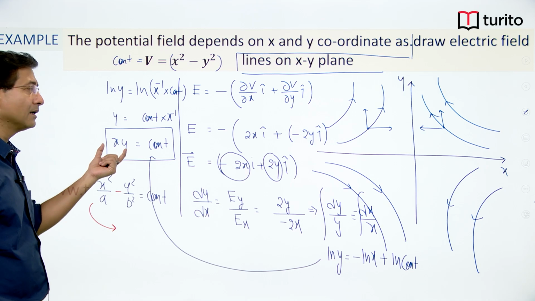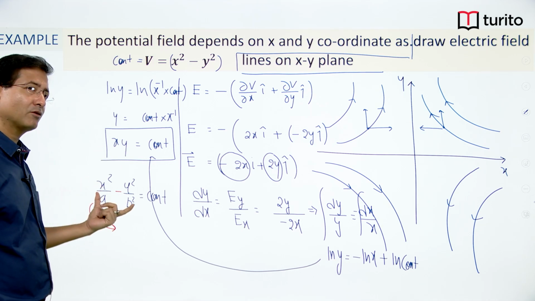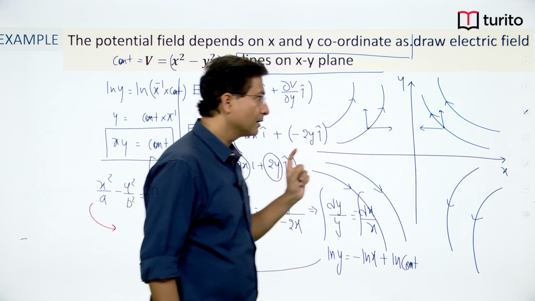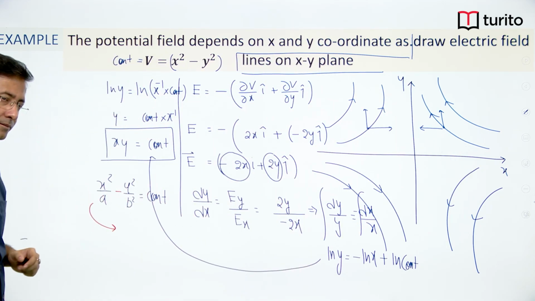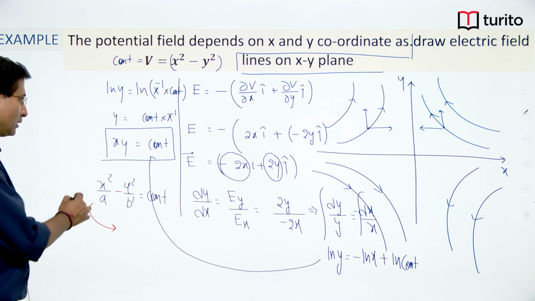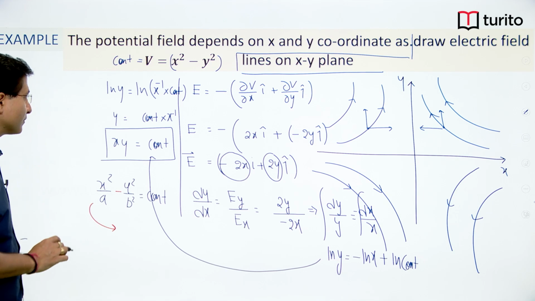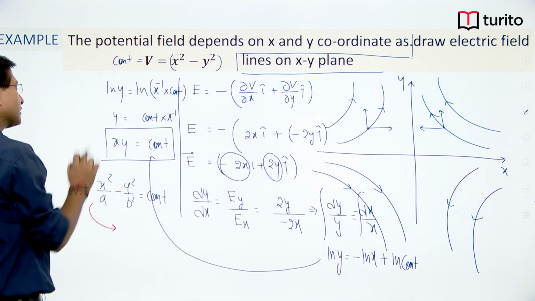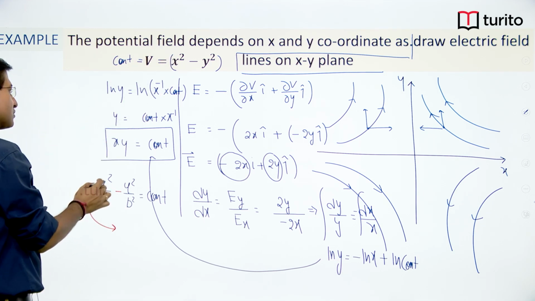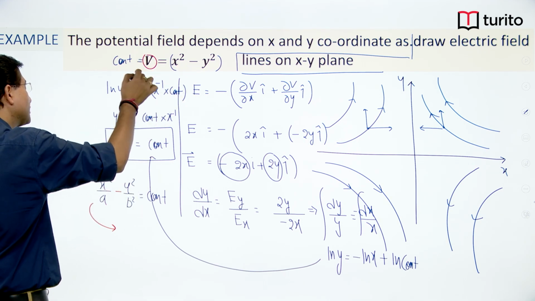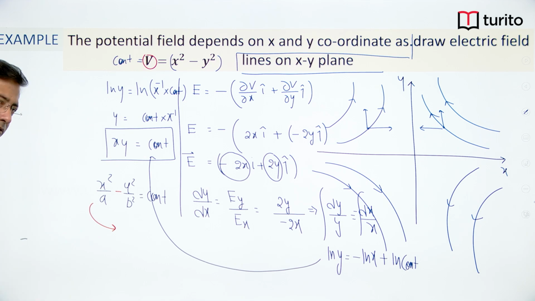Don't get confused between the rectangular hyperbola and the hyperbola I am talking about. Rectangular hyperbola will be like this, right. Now I am talking about a hyperbola. This is the equation of a hyperbola. Now compare this equation with this equation. Here x square, y square, the minus sign is coming in between, and we want an equipotential line, that means potential is constant.